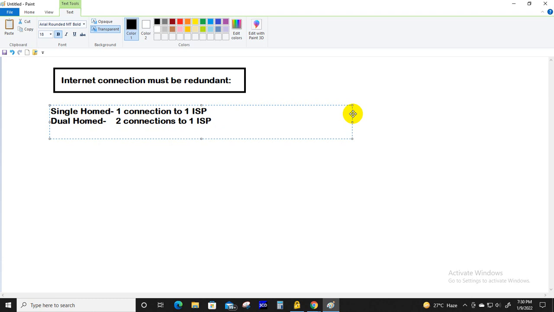Single multi-homed, two connections to two ISPs.